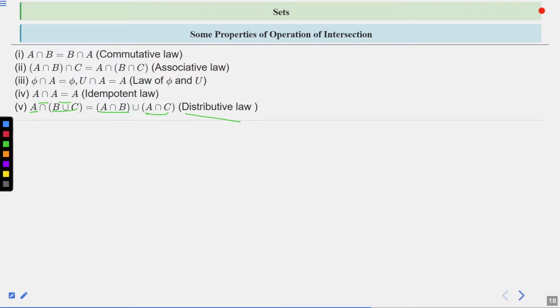Clear? So fifth is nothing but your distributive law. It distributes your intersection over union, as you can see.